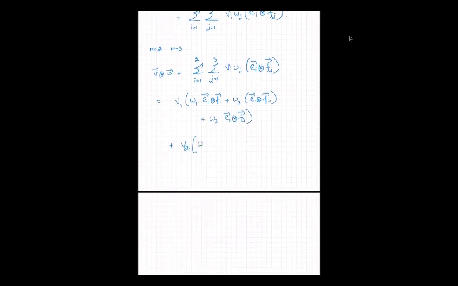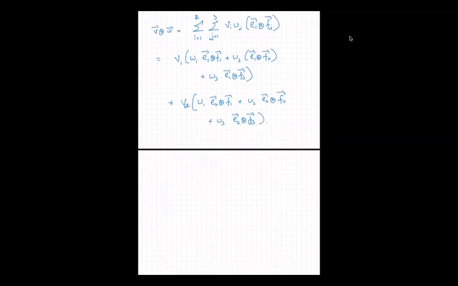So W1 E2 times F1 plus W2 E2 F2 plus W3 E2 direct product F3.